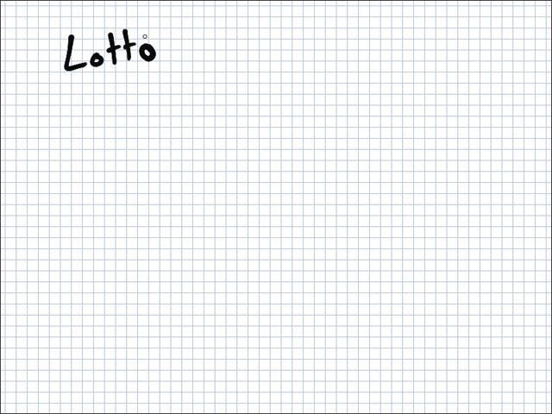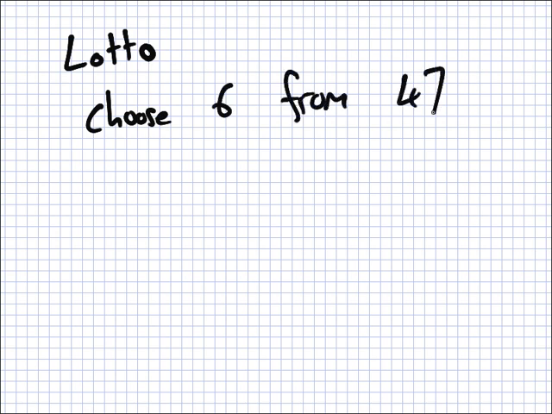For Irish Lotto you have to choose 6 numbers. Would anyone else's be the same? Six numbers? Yeah. 4 numbers? Between 1 and 47. Okay, but you're choosing 4 numbers. So here you have to choose 6 from 47.